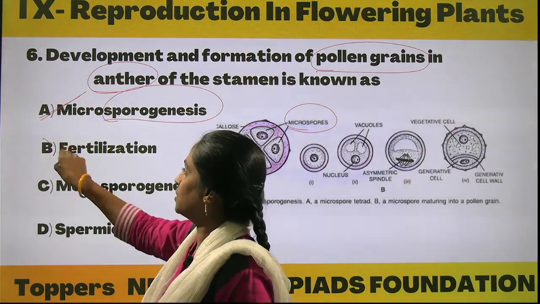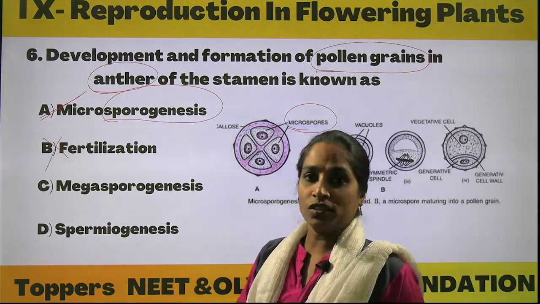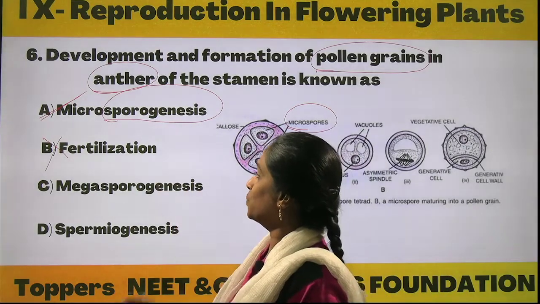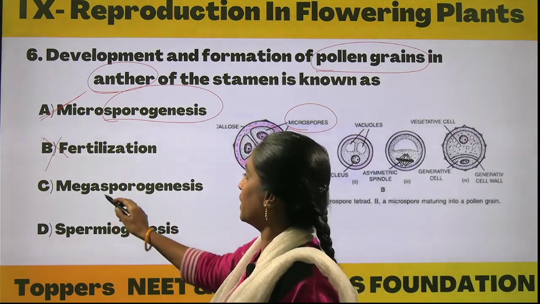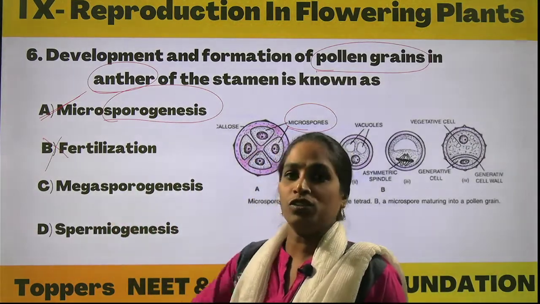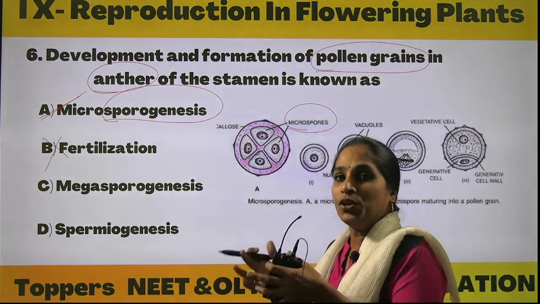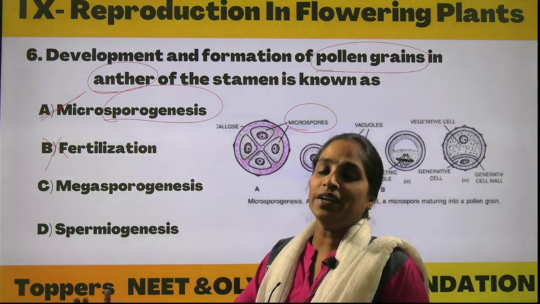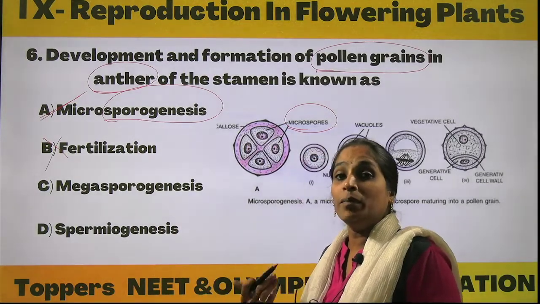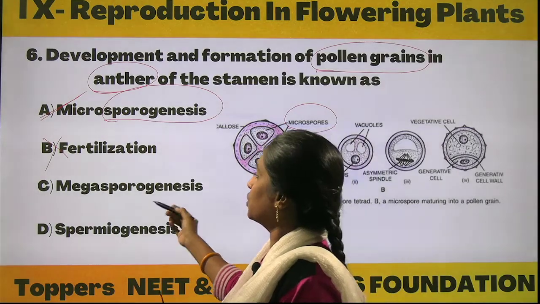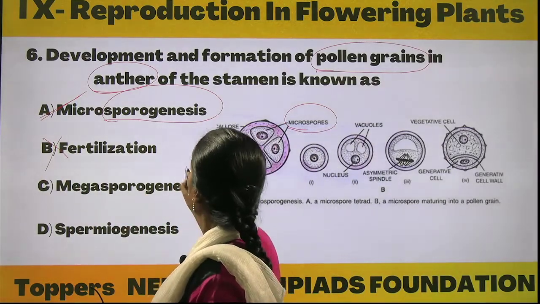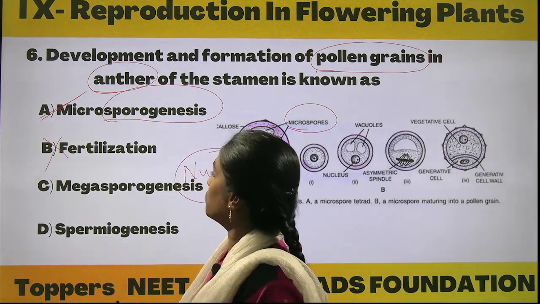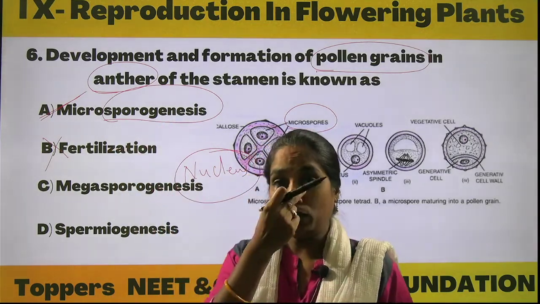And fertilization is completely wrong. Fertilization is nothing but the fusion of male and female gametes during the sexual reproduction process. And what is megasporogenesis? Megasporogenesis can be seen in the nucleus of the germ cells, either in the female gamete or the male gamete. Okay, first the megasporogenesis occurs and then the microsporogenesis occurs.